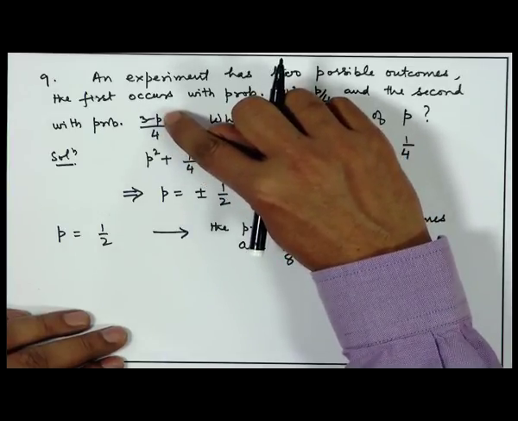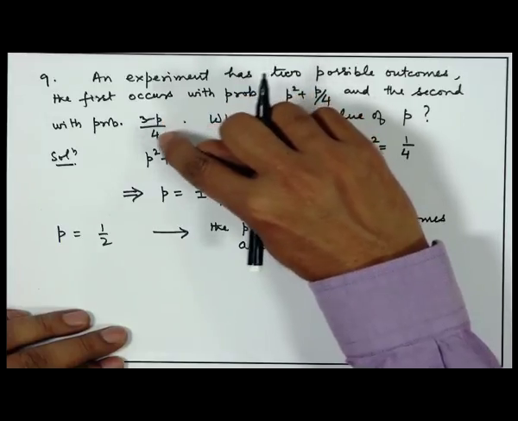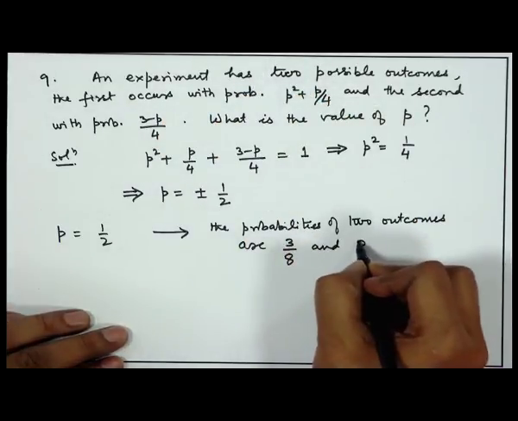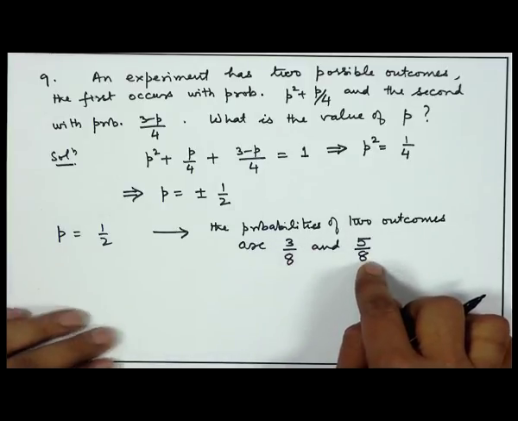So, that is 3 minus half, that is 5 by 2, then divided by 4. So, it becomes 5 by 8. So, 3 by 8 plus 5 by 8 is 1.